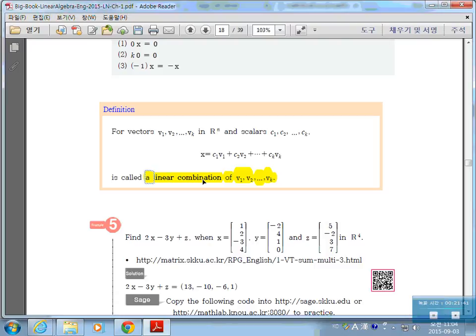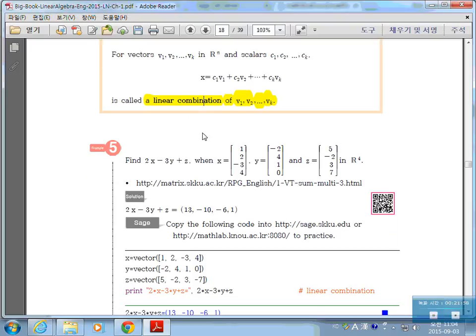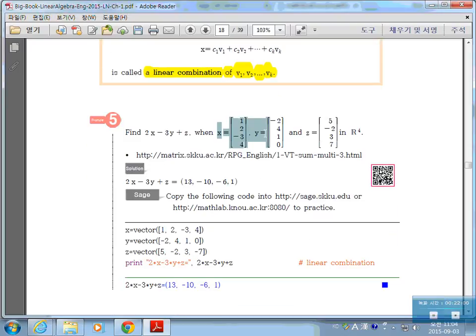Suppose you have k different vectors, or the same vectors, then you can always generate many linear combinations of those given vectors. Suppose we have these three vectors in R4, then we may find a linear combination of those three vectors, which is 2x minus 3y plus g.